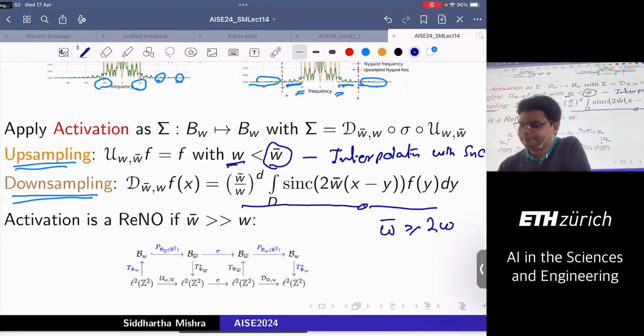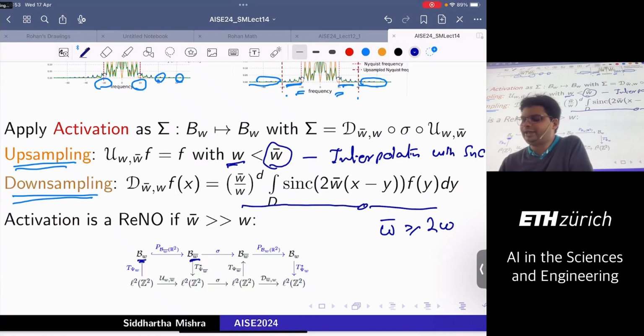Because what do you do here? You go from w to 2w, and this is done by this upsampling. This is precisely this sort of lifting operation, or raising it to a higher frequency, which is trivial in some sense, because of course functions with 20 frequencies are contained inside functions with 40 frequencies. There is nothing to be done here.